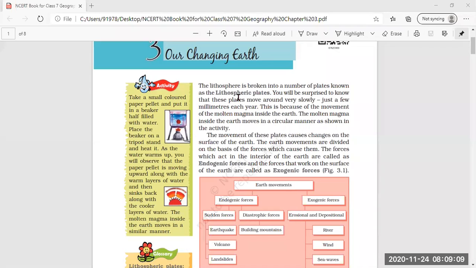So you can underline this also. Yes, you can underline the lithosphere is broken into number of plates.